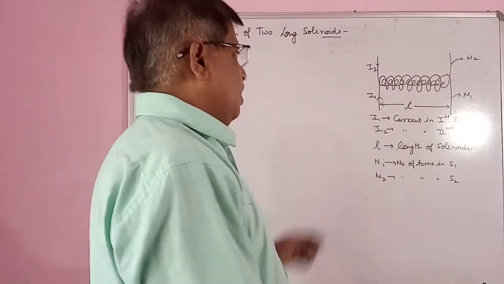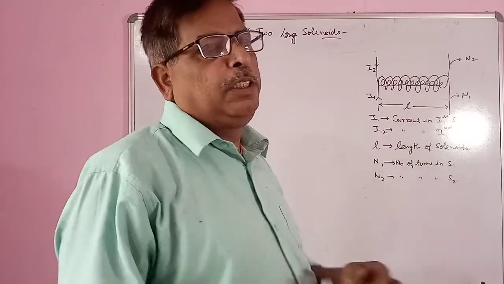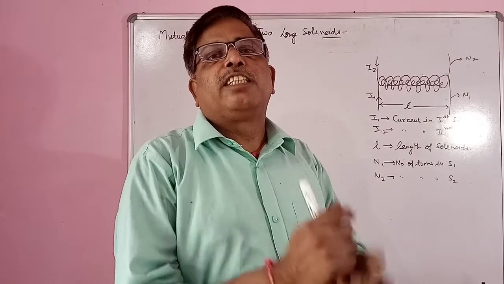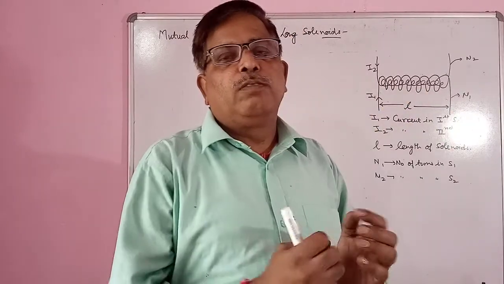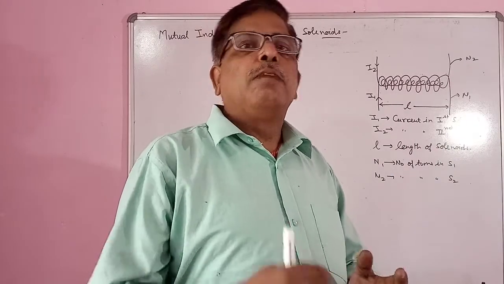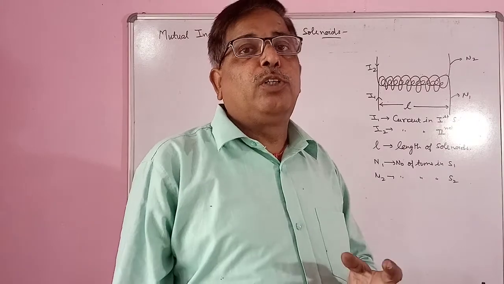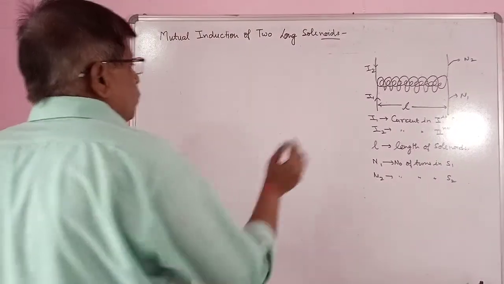This is our diagram. Now since current I1 is flowing through S1, means solenoid 1 में करंट कितना फ्लो कर रहा है, I1. So जब करंट फ्लो करता है, we know that when current flows through a solenoid, a magnetic field is produced. So a magnetic field is produced due to I1.